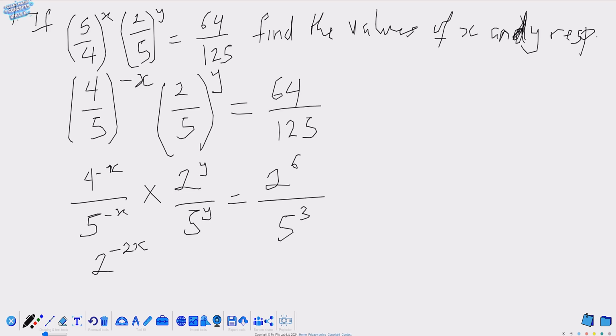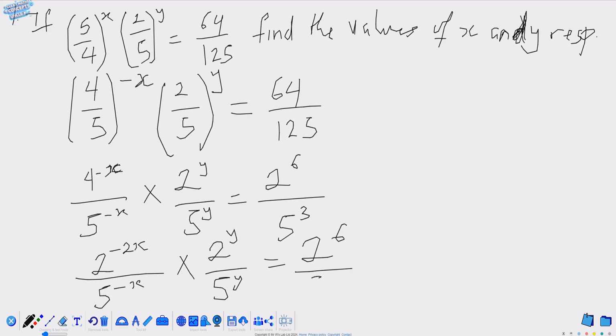Then multiply the minus x that is there, so it becomes minus 2x over 5 raised to power of minus x, right? Then times 2 raised to power of y, 5 raised to power of y, over 2 raised to power of 6, 5 raised to power of 3. So what's our next step?